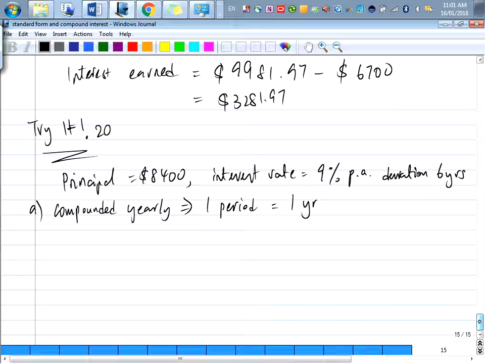And then we simply substitute everything into our formula. A(n) equals 8400 times (1 plus the interest rate, which will be 9%), compounded for 6 times. Okay? So this is what we have for A(n), and you will get a value. Then you will need to round it off to 2 dp.